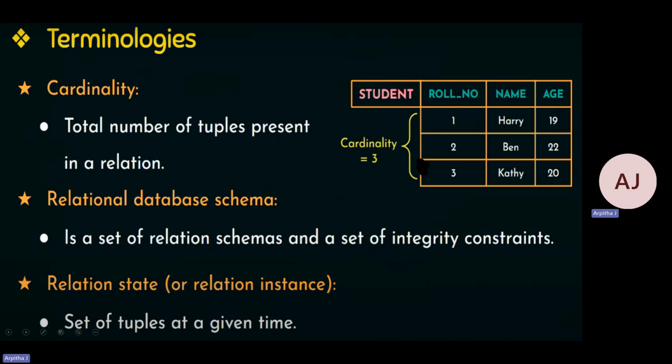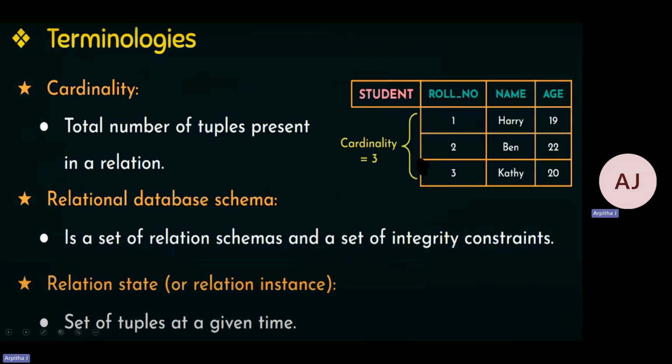So we have seen relational name, degree of relation, then domain, tuples, attribute, then relational schema. The next terminology which we are learning is cardinality. It is nothing but how many tuples are there in a particular relation. That is called the cardinality. So in this particular example, there are 3 tuples, which we call the cardinality.